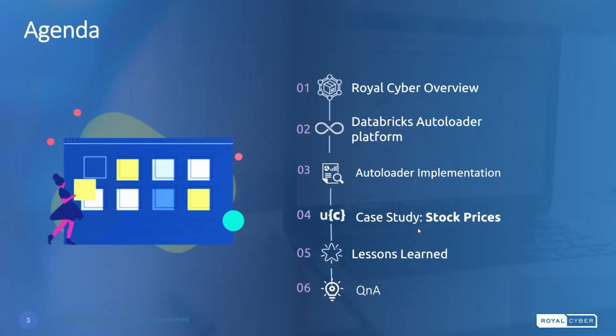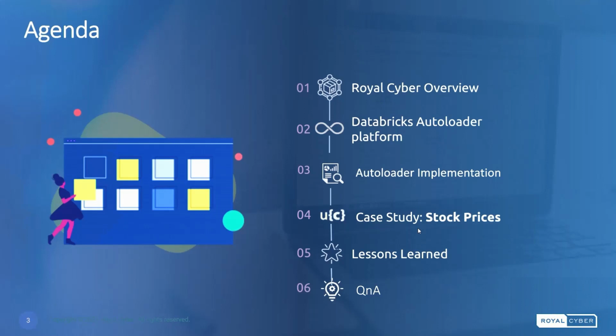So this is the agenda of the presentation. First of all, we'll have an overview of our organization, Royal Cyber. Then we'll discuss the Databricks Autoloader platform. What is Databricks and what is the Autoloader data platform in detail? Then we'll discuss the Autoloader implementation, how we implemented our solution using Autoloader, and we'll also discuss some of the configuration features of Autoloader.